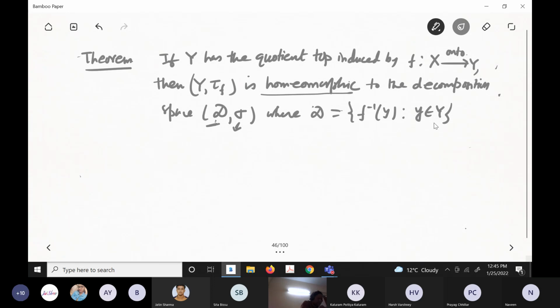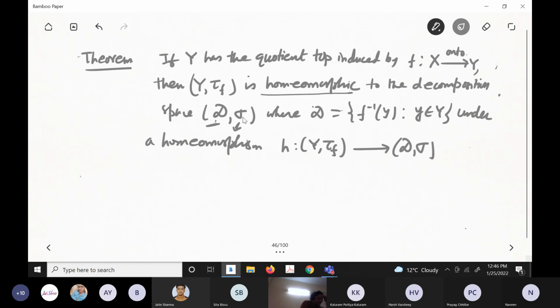He is saying there is a homeomorphism H from Y with tau F to D with sigma, the topology we defined yesterday, such that H composed with F is the natural map P.